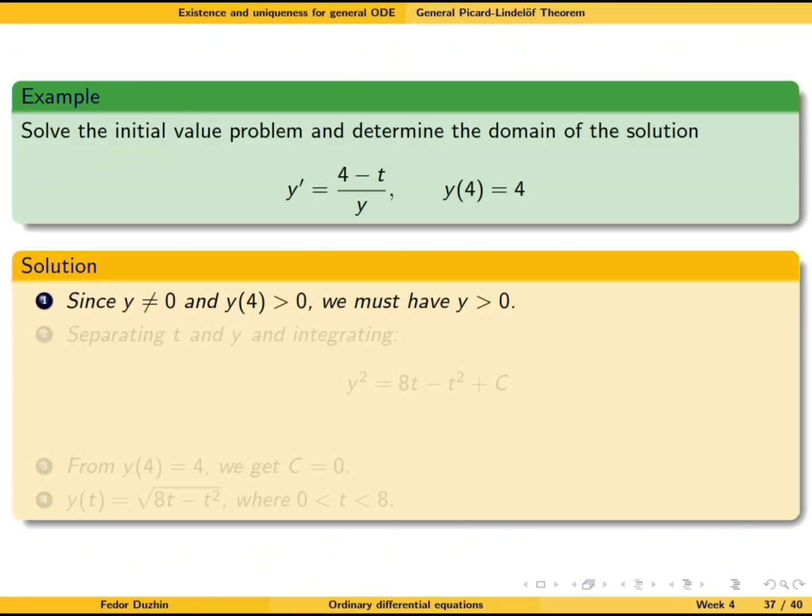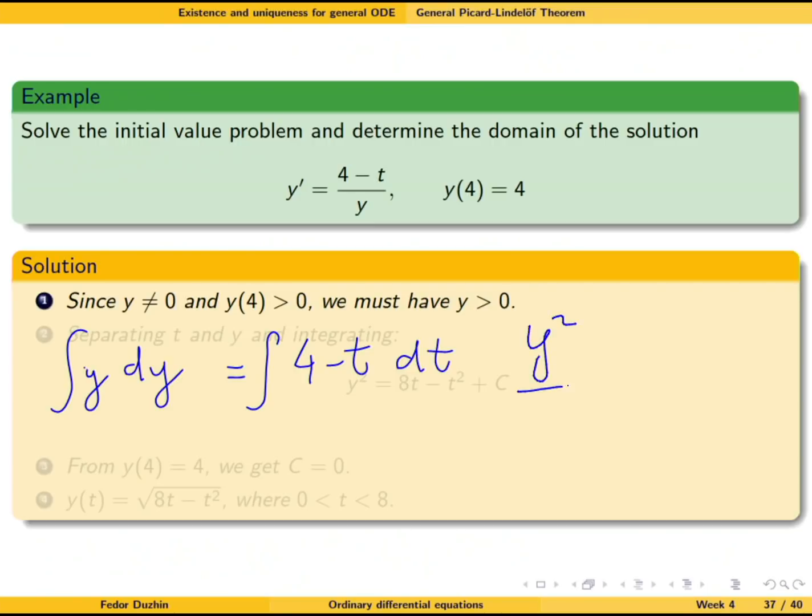So when we separate the variables, the left-hand side becomes y dy, and the right-hand side becomes (4 minus t) dt. Then we integrate. Then the antiderivative of y is y squared over 2 equals 4t minus t squared over 2 plus constant.